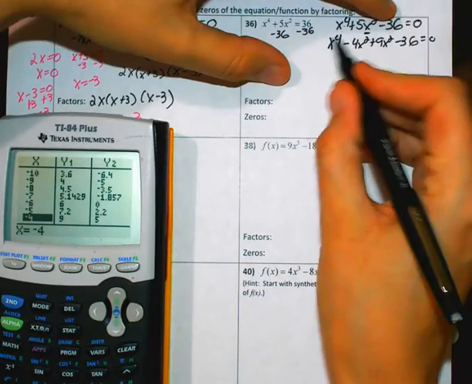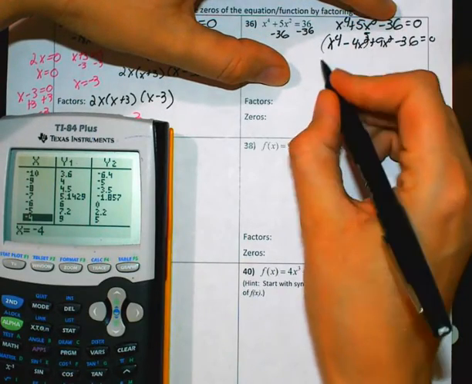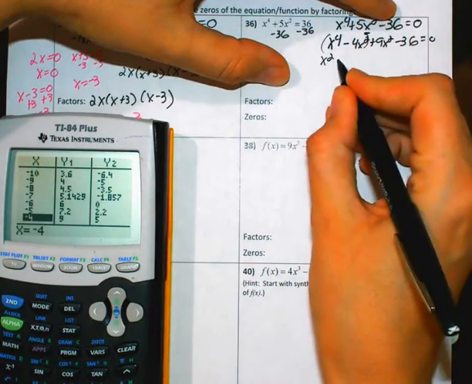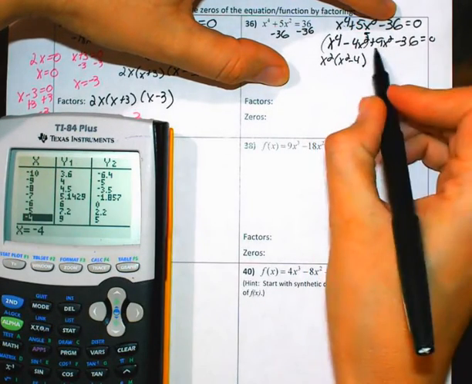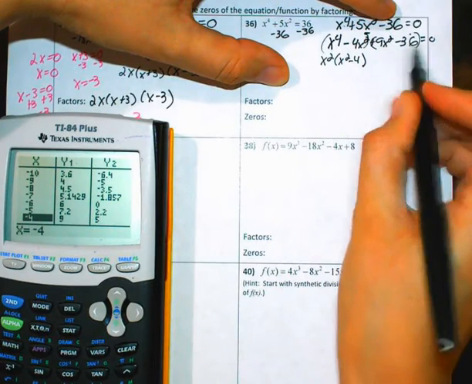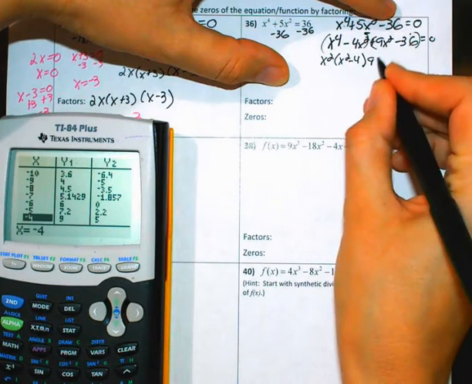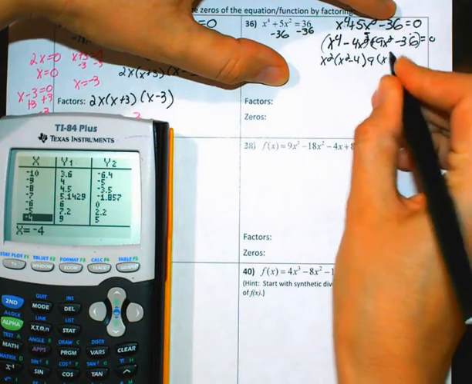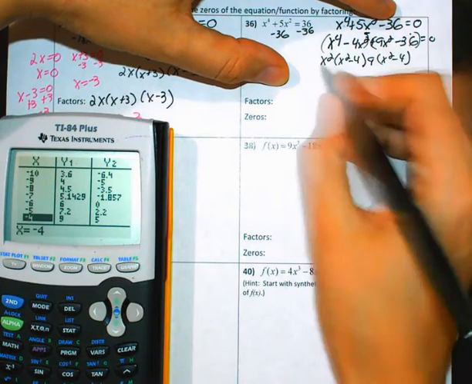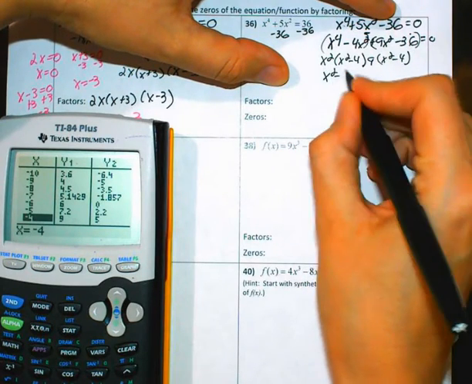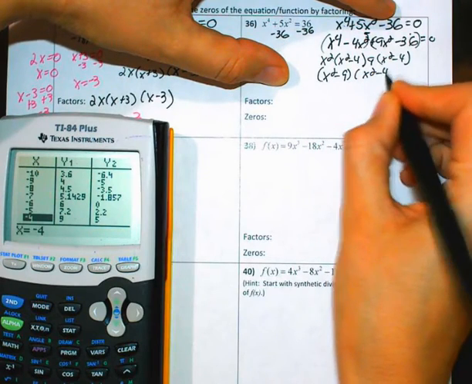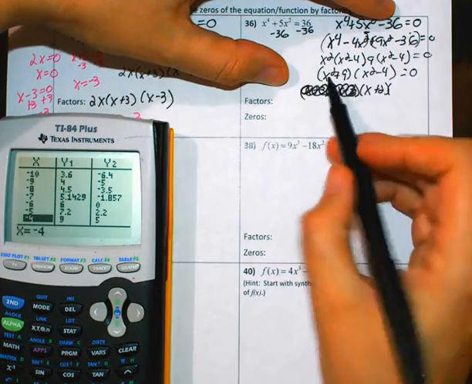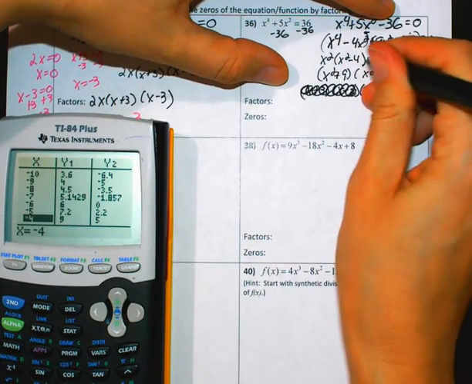Okay, and then we're going to group the first two together. I see that I can factor out an x squared, which leaves me x squared minus 4. And then here, I can factor out a 9, which leaves me x squared minus 4. So my factors are x squared plus 9, x squared minus 4. That's actually going to be x squared plus 9 because this is a positive 9.